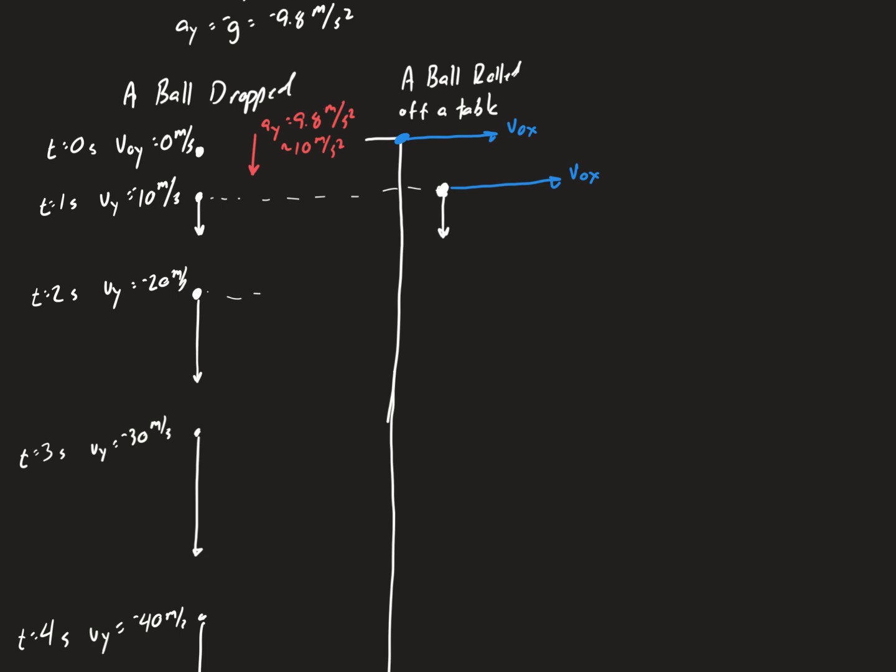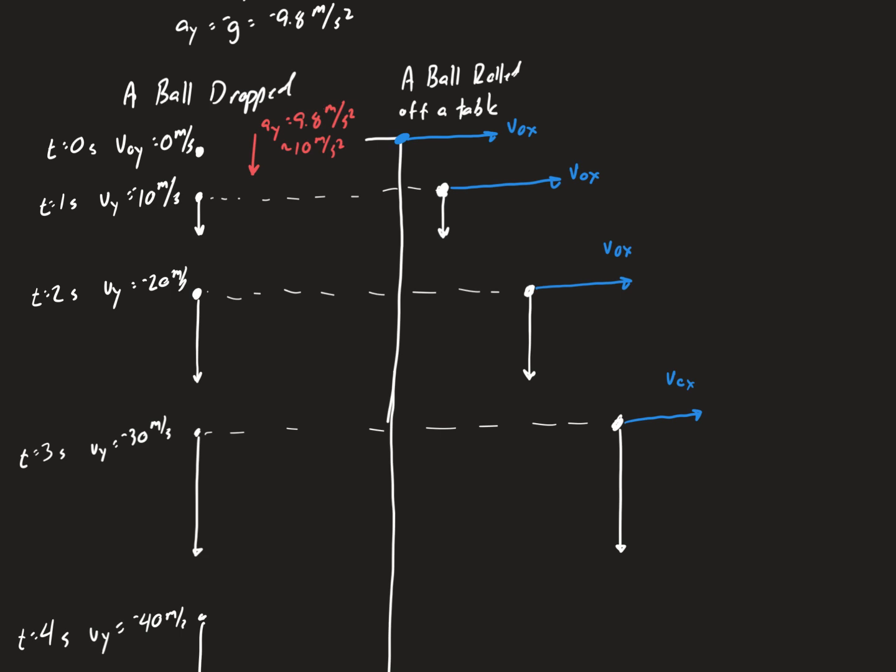At second 2, I have velocity going down in the y direction, increasing at the same rate. But once again, my velocity in the x direction remains unchanged. At t equals 3 seconds, my velocity in the x direction remains unchanged, and my velocity is increasing as it should in the y direction.